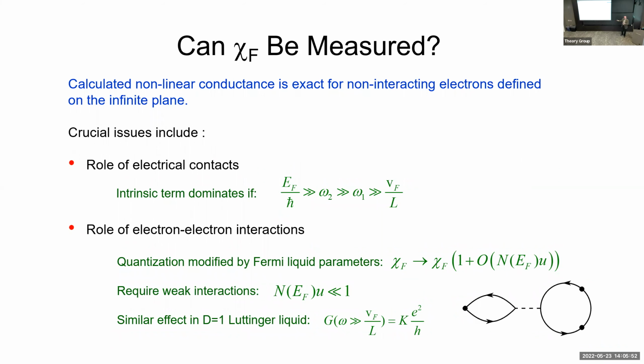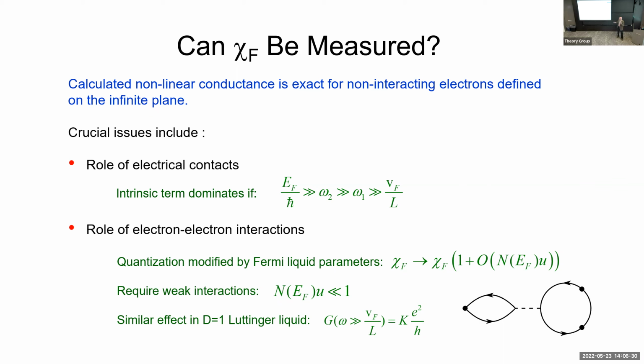So then there's another issue, which is if you have interactions, and it's not too hard to see that this response, which maybe is described by this three-legged bubble, is going to be modified by interactions, which can be corrected with these sort of RPA-like bubble diagrams. Okay, and these do give a correction to the result.